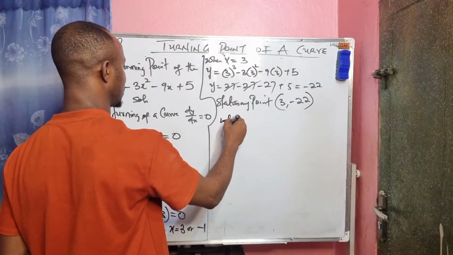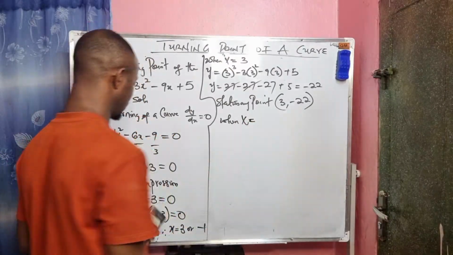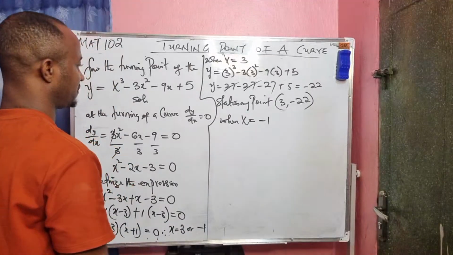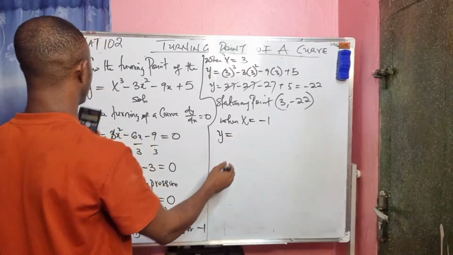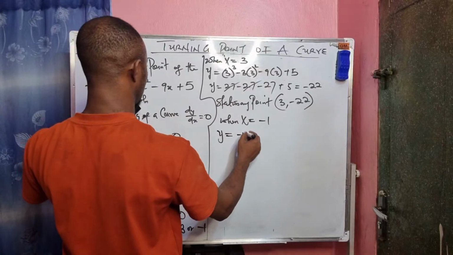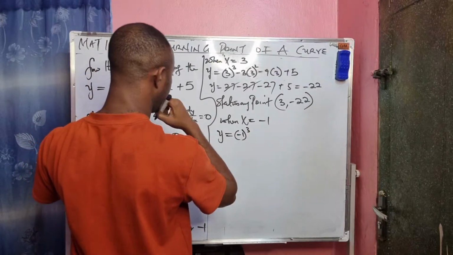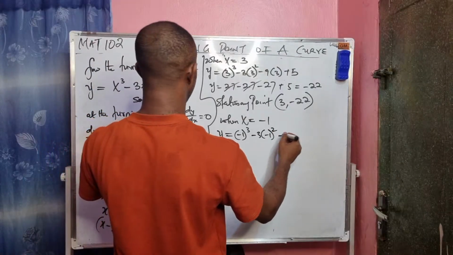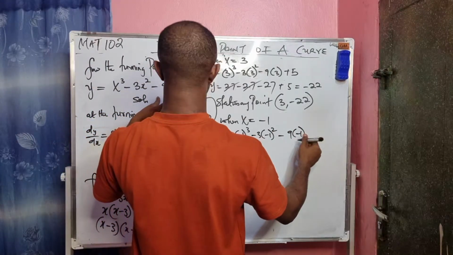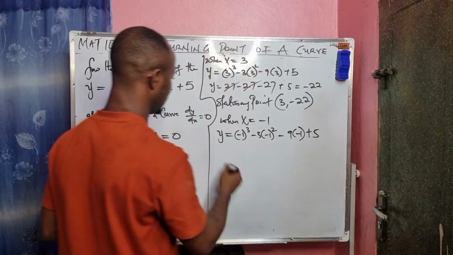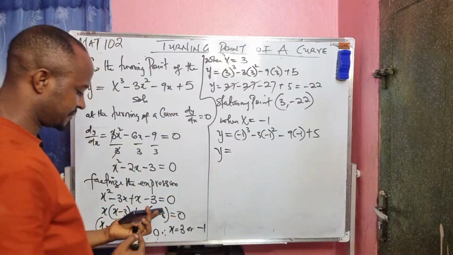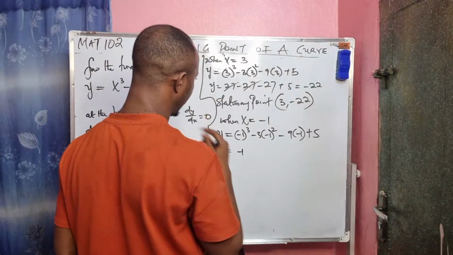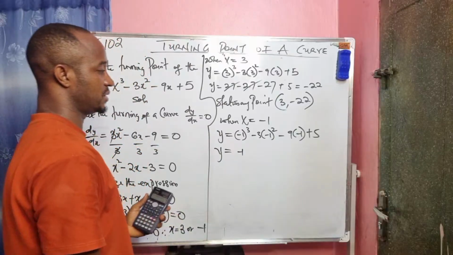Then the next one is when x is equals to minus 1, right? Let's check what will be the value of y. The corresponding value of y becomes y equals to minus 1 to the power of 3 minus 3 times minus 1 to the power of 2 minus 9 times minus 1 plus 5. So let's check what we have there. Here we have minus 1. Minus 1 to the power of 2 is 1.